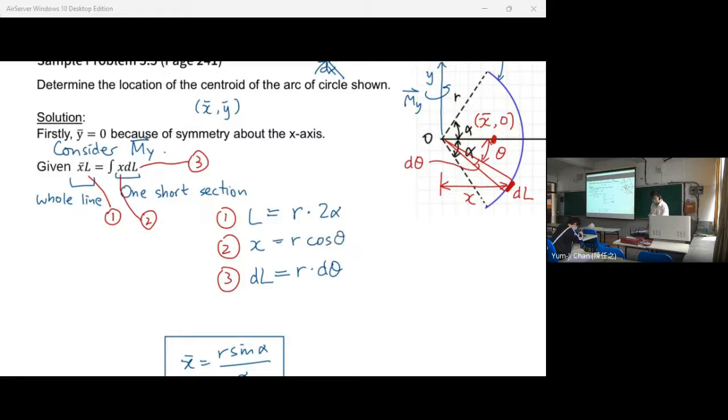Does it sound logical? Can you see my right angle triangle here? This part is R, and this is theta, so this one is R cosine theta. It's okay.